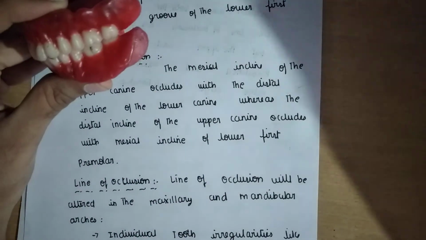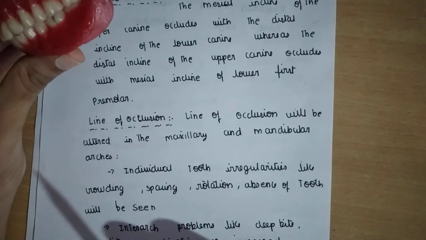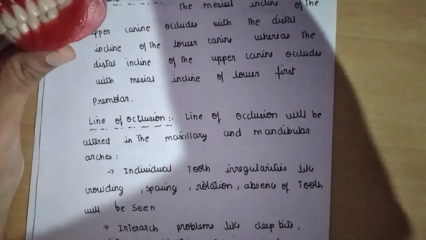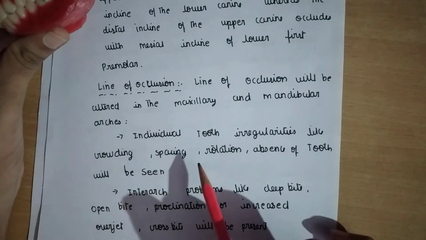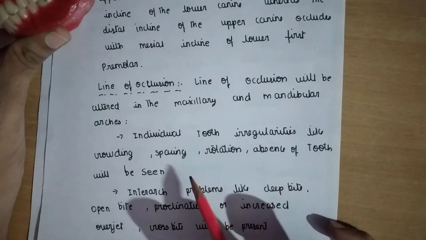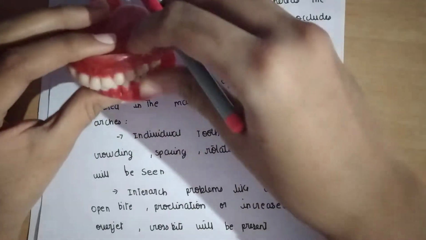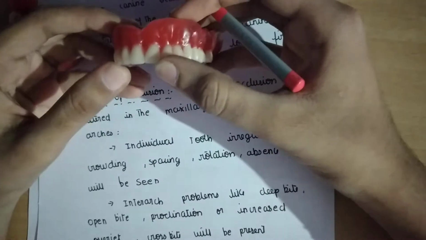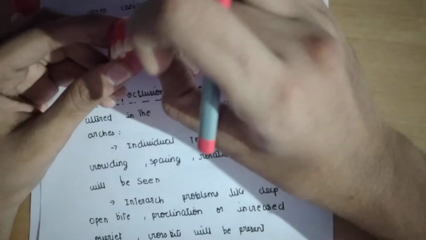How is the line of occlusion? The line of occlusion will be altered in the maxillary and mandibular arch. It is altered because of individual teeth irregularities like crowding, spacing, rotation, and absence of teeth. In a small space more teeth will be present, which may cause crowding, and a tooth may rotate.